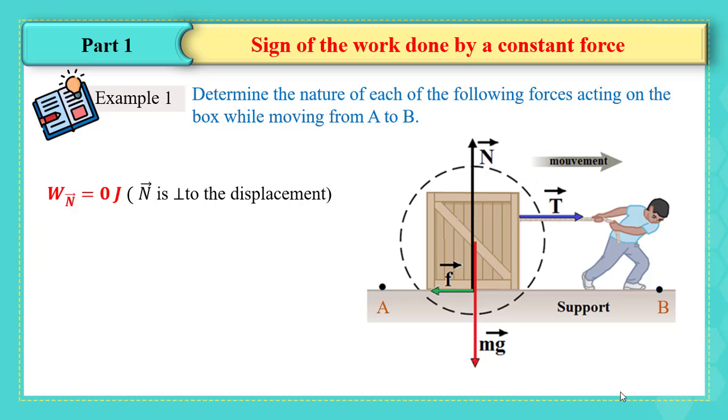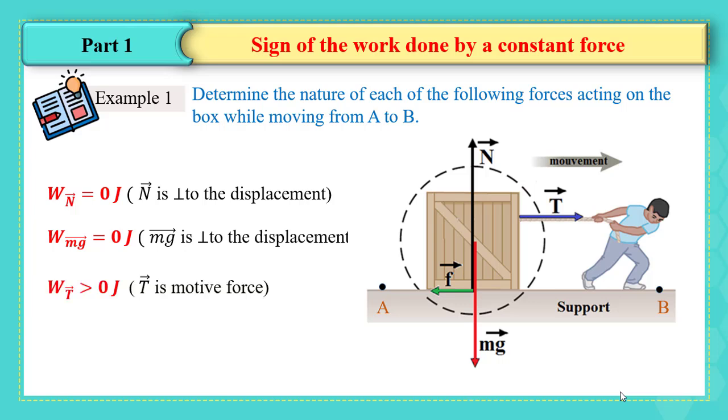What can you say about the work done by weight? It is 0. Now, the tension force, it is positive because the angle is 0 between T vector and AB vector. Finally, the work done by friction is negative and it is a resistive force.